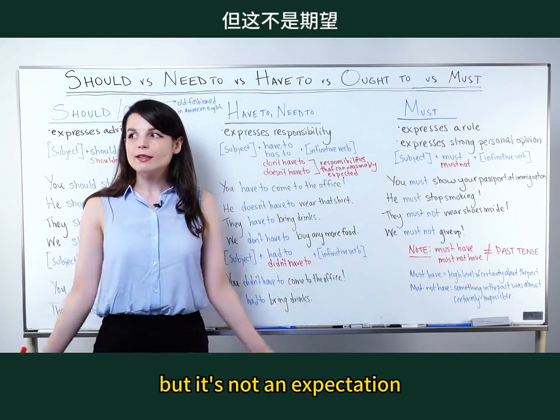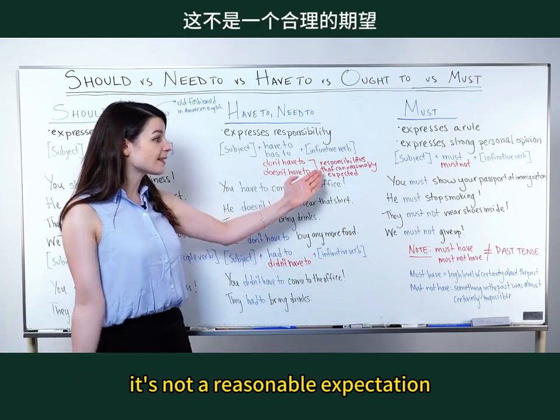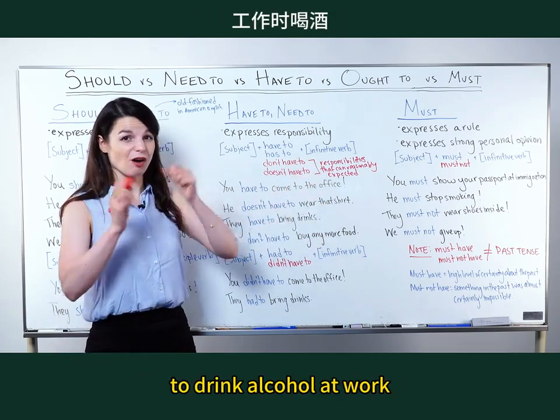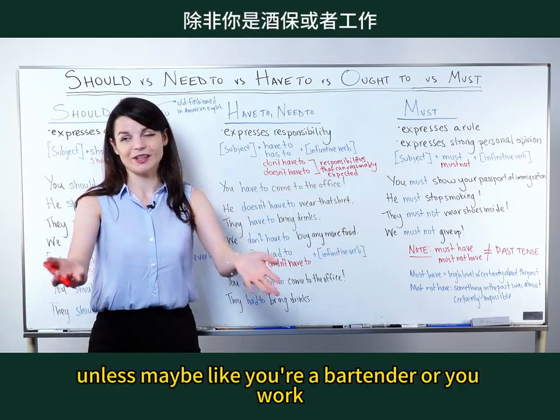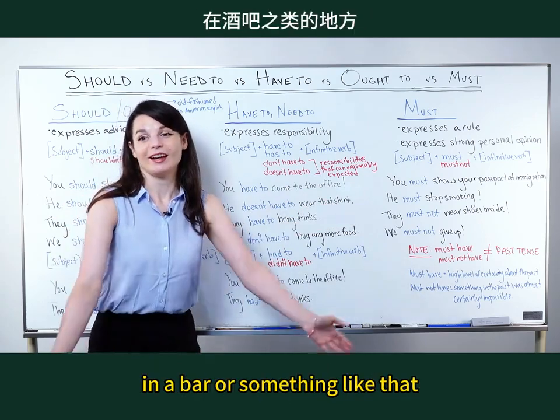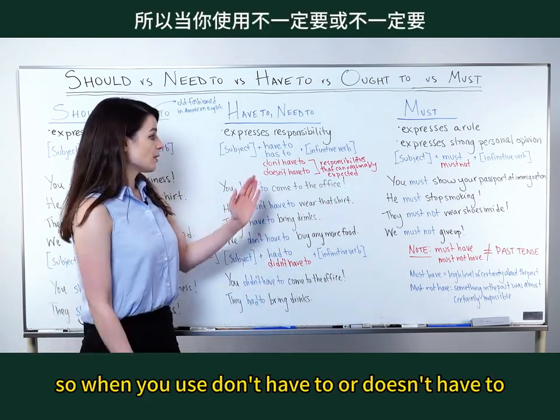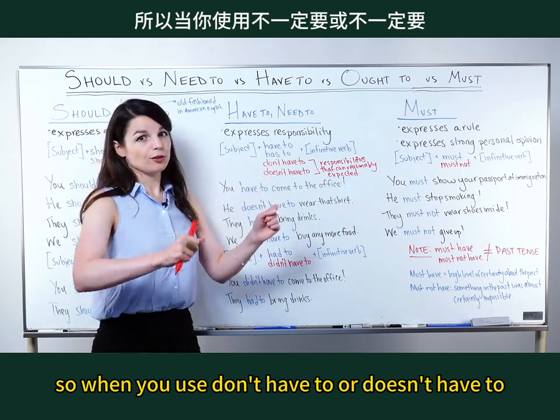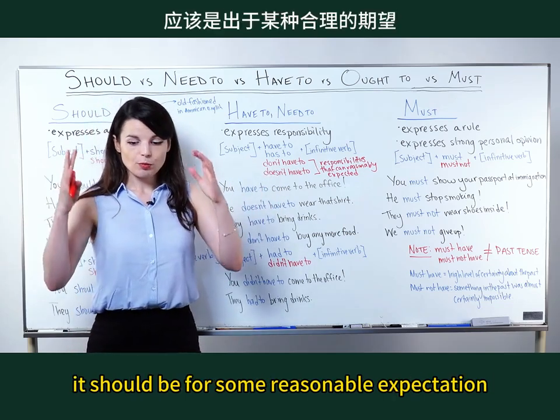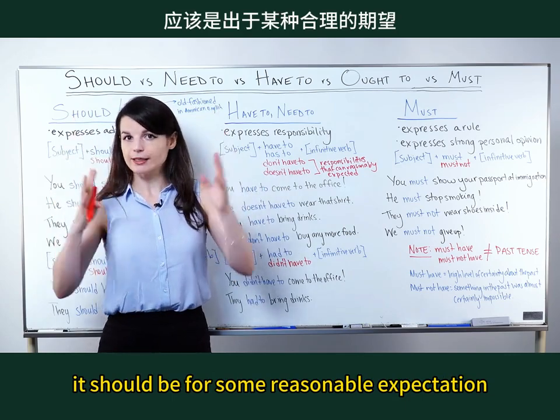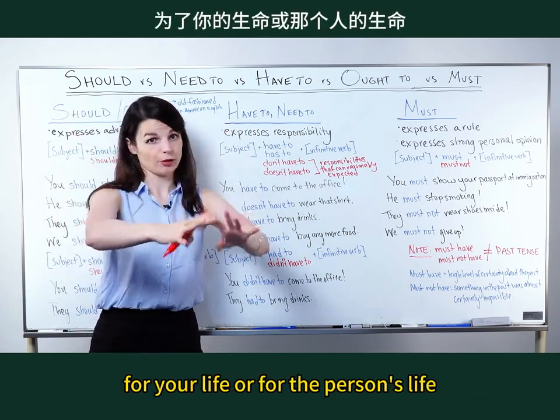But it's not an expectation. It's not a reasonable expectation to drink alcohol at work, unless maybe you're a bartender or you work in a bar or something like that. So when you use don't have to or doesn't have to, it should be for some reasonable expectation for your life or for the person's life.